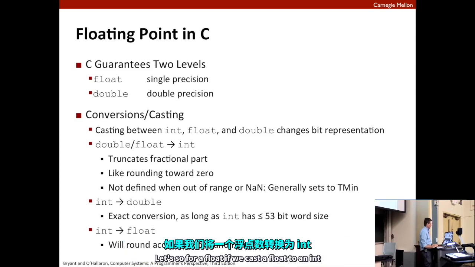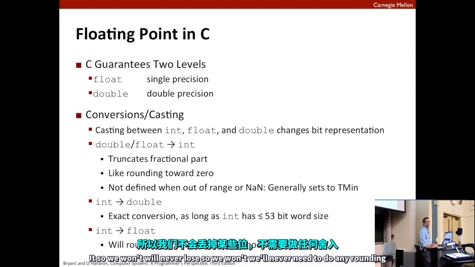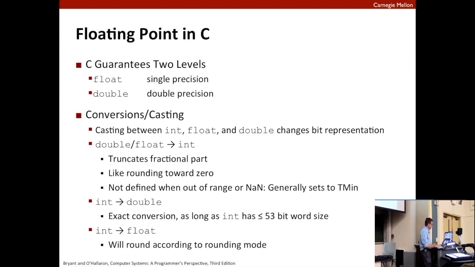For a float, if we cast a float to an int, we're casting something we can represent with at most 23 frac bits into a 32-bit int, so we'll never need to do any rounding.